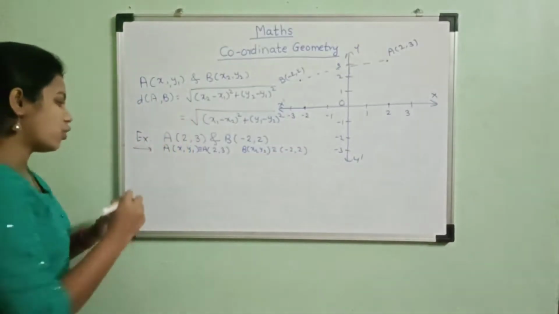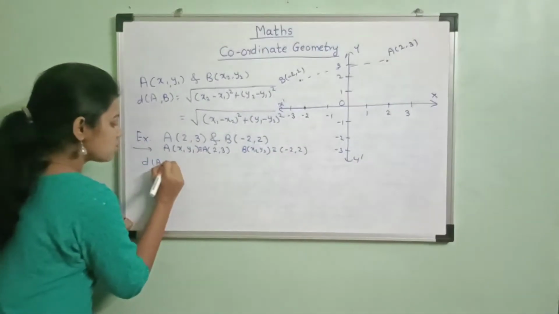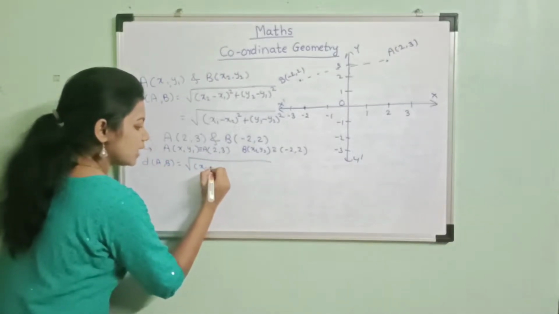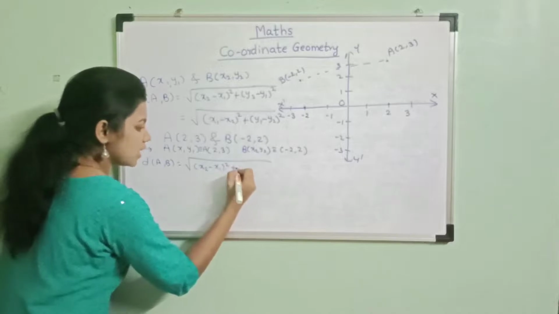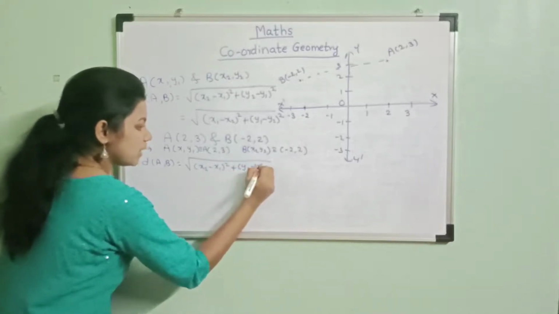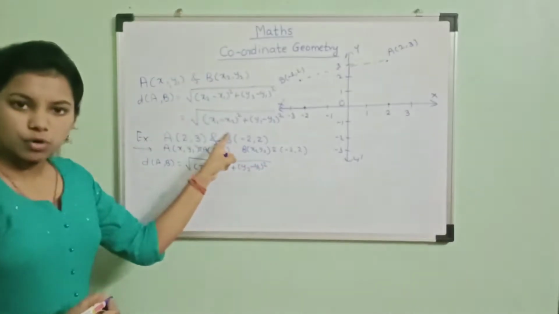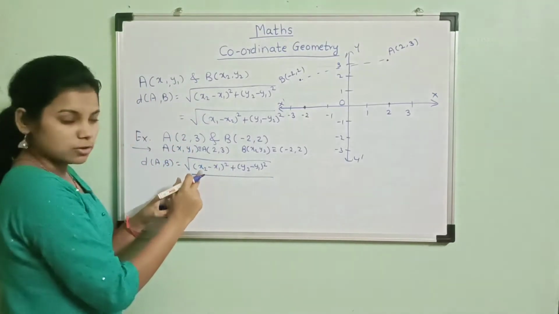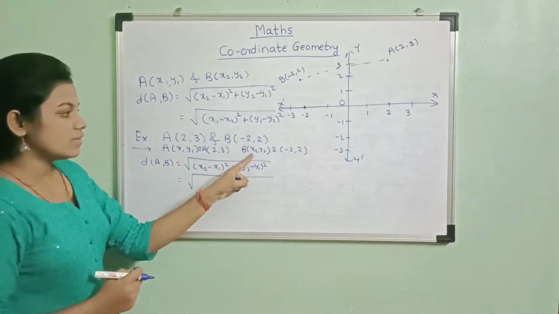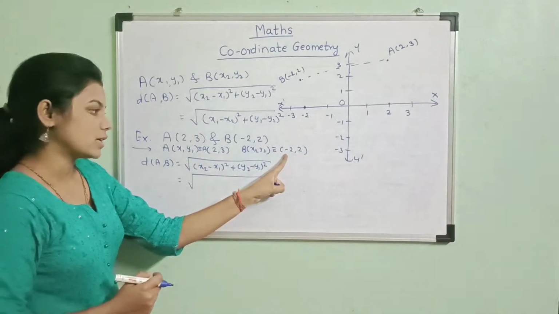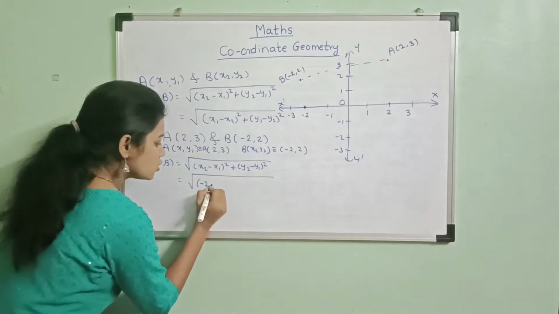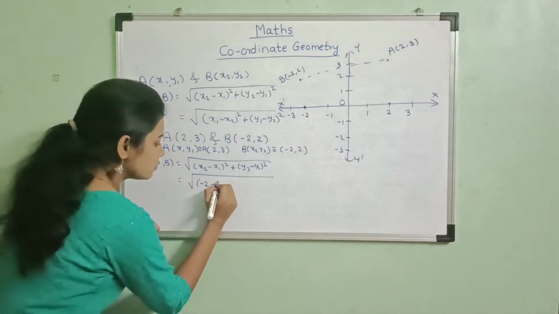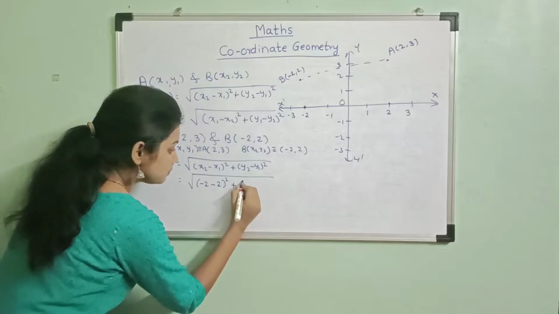Now we will use the formula: distance AB equal to square root of (x2 minus x1) square plus (y2 minus y1) square. You can use the other formula also. Just put these values in the formula. The value of x2 is -2, so -2 minus the value of x1, which is 2, whole square.